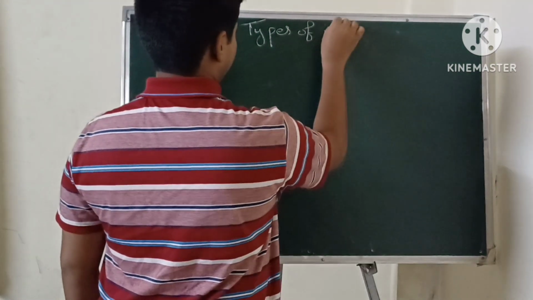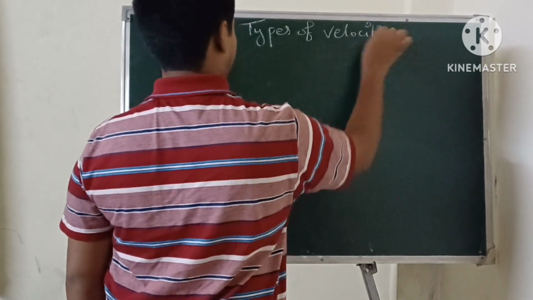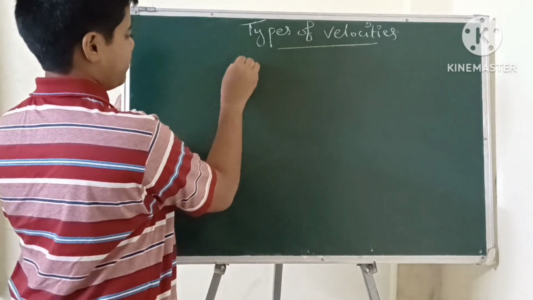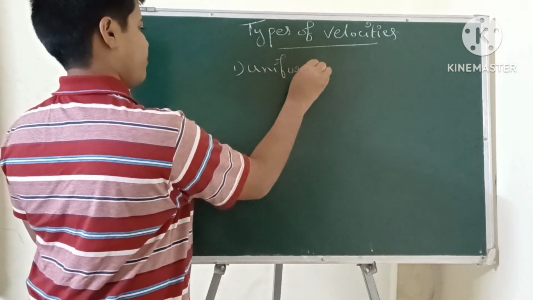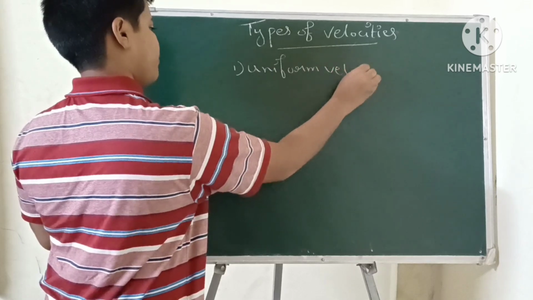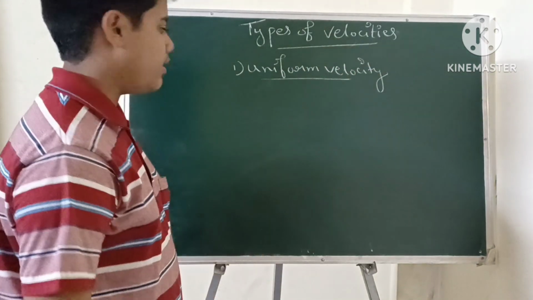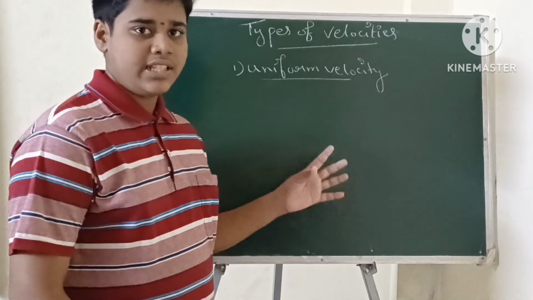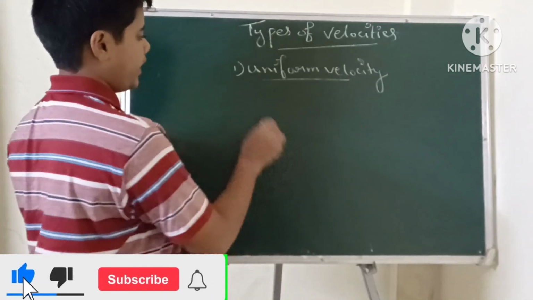So there are types of velocities. Types of velocities. So in this first one, uniform velocity. Uniform velocity means equal displacement in equal interval of time.